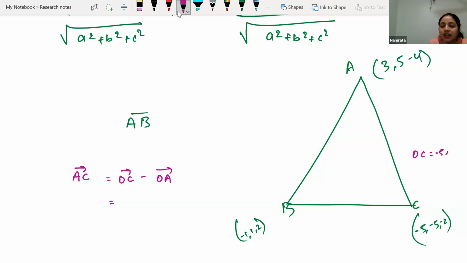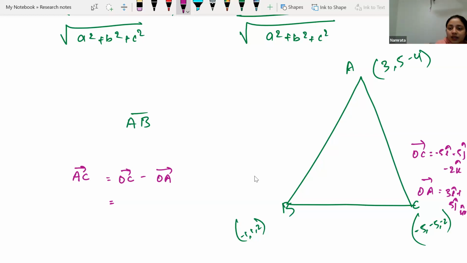OC will be minus 5I minus 5J minus 2K. OA will be 3I plus 5J minus 4K. This way we will be finding OC, OA. Then we will do the subtraction and we will get the equation of a line AC in vector form. Once we get that, then we will be getting A, B, C value. Let's do this one. The third one I'll be leaving for you.